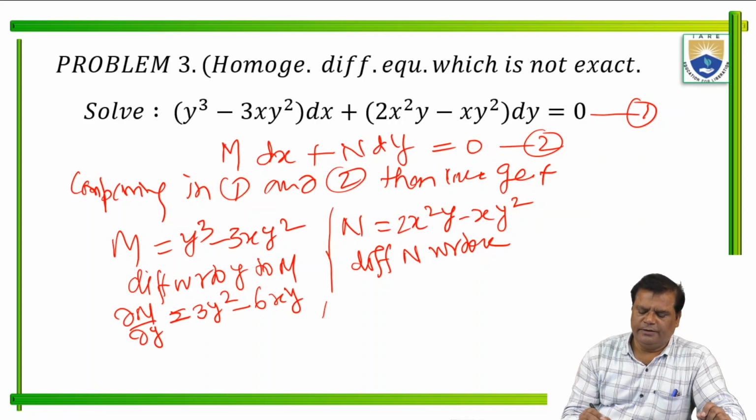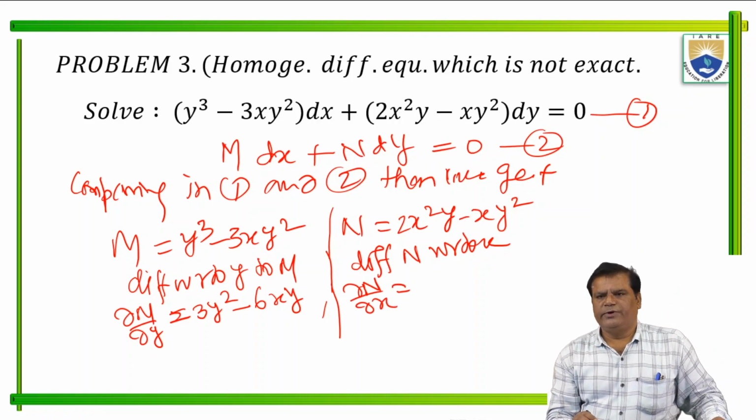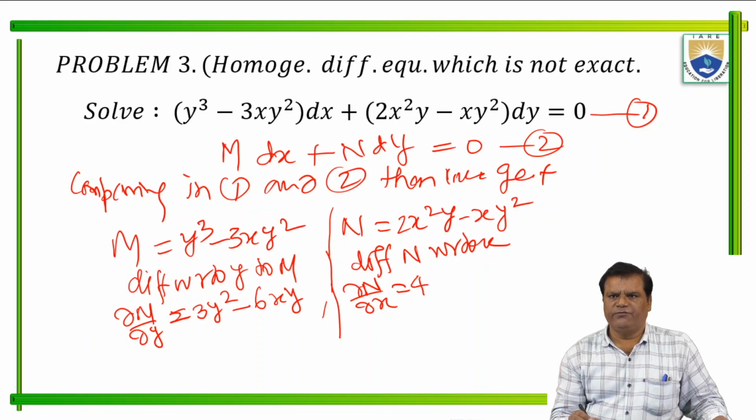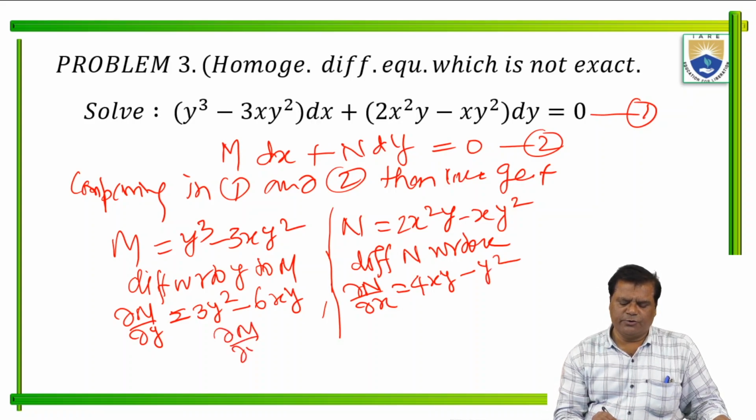Next here del n over del x equal to, differentiating with respect to x, y as a constant, 4xy minus y square. Okay. So del m over del y is not equal to del n over del x.